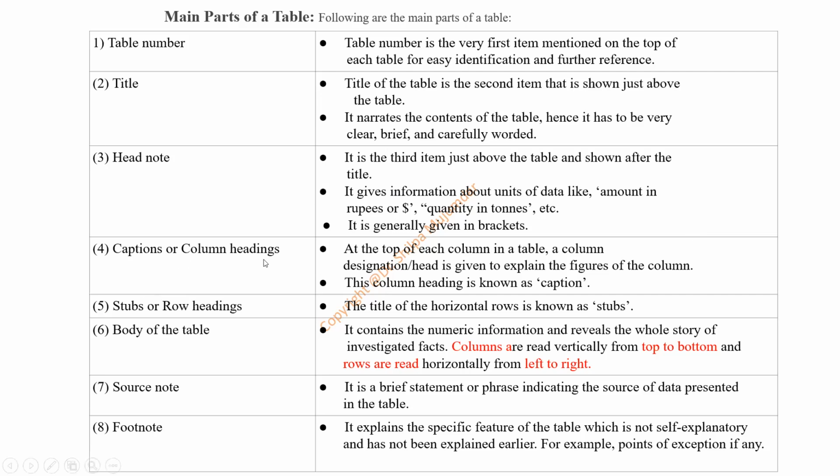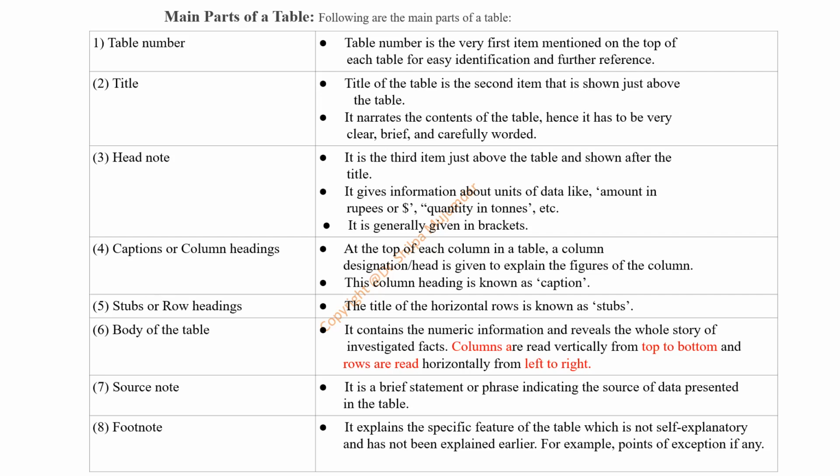Then captions or column headings. At the top of each column in a table, a column designation or head is given to explain the figures of the column. So every column must have a title, and that title is actually called a caption.